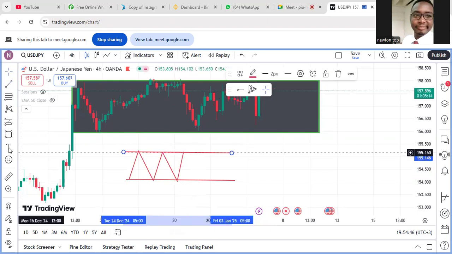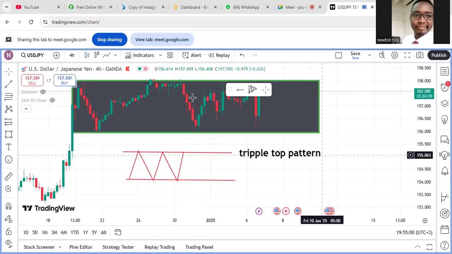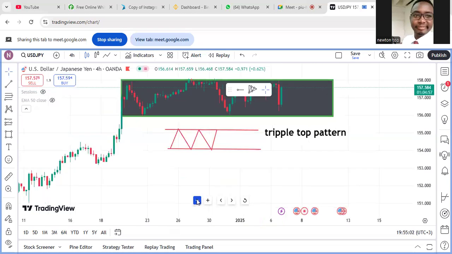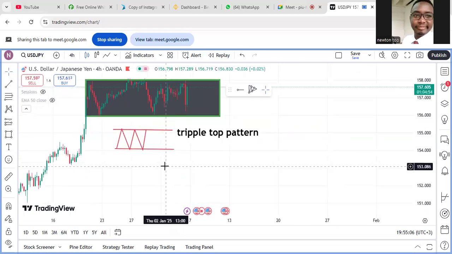So here, this one we normally call a triple top pattern. Just by seeing it, it's called a triple top.